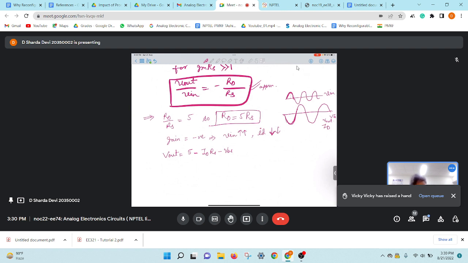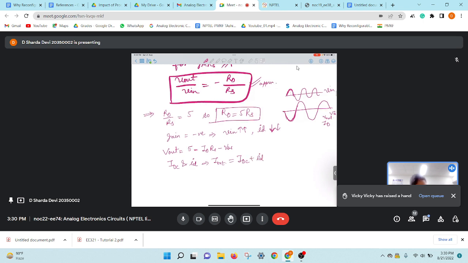Let's say I take my DC current to be IDC and AC current to be small id, and my total current be I total. This will be the summation of DC plus AC. Once the bias point is fixed, our IDC will be fixed, so the changing current will be id.